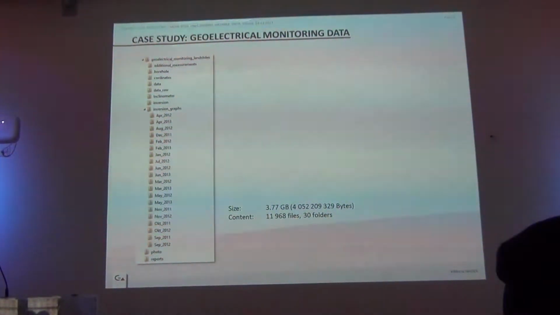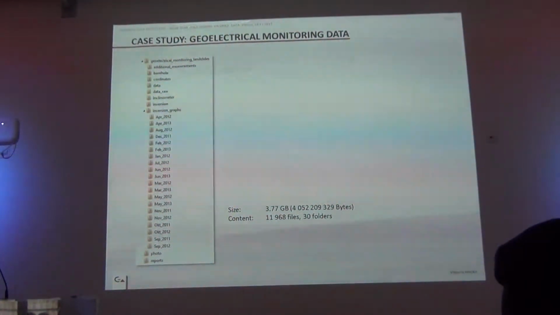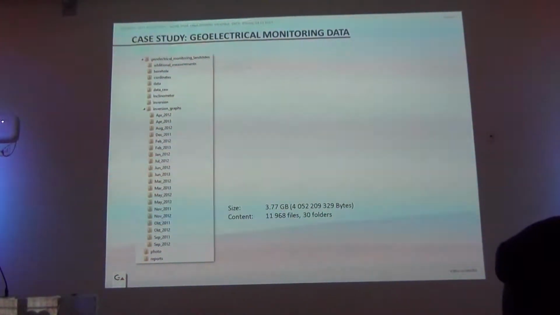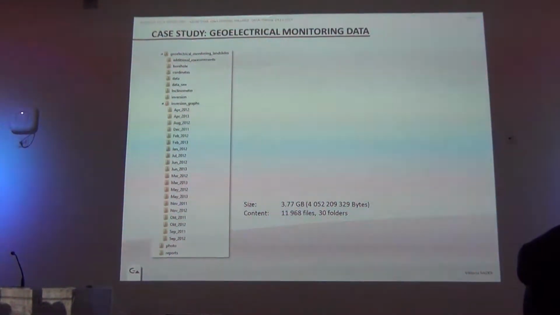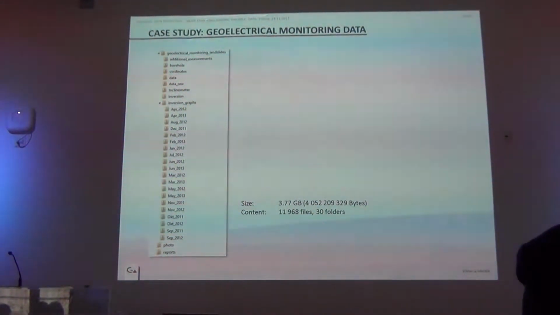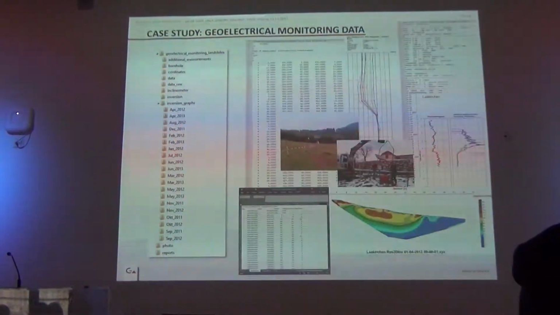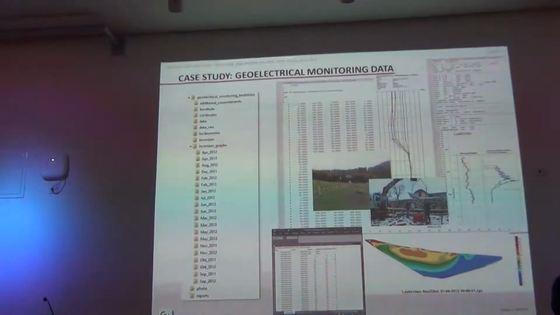I will start with a geoelectrical monitoring dataset. Here you can see a typical folder. We have a lot of subfolders there. In our case, we have 30 subfolders containing about 12,000 files, and the size is about 4 bytes. Well, if you look inside this folder, then you will find a lot of different kinds of data.